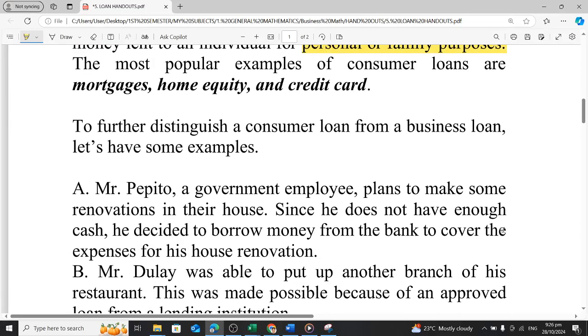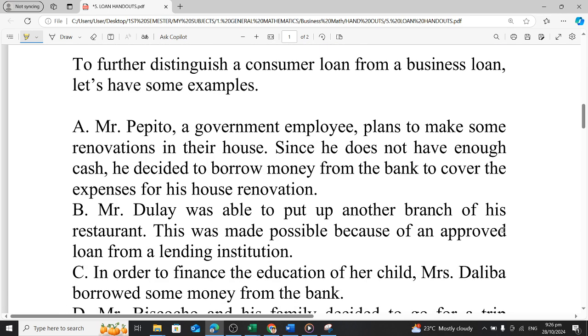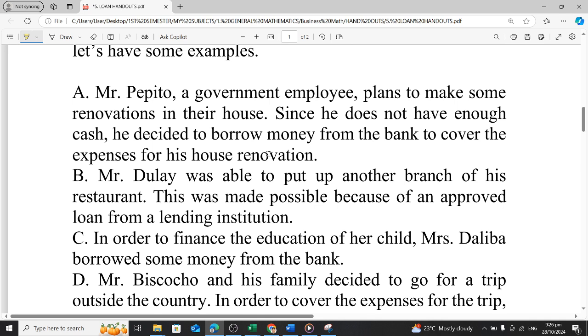Okay. Now, to further distinguish a consumer loan from a business loan, let's have some examples. Letter A. Mr. Pipito, a government employee, plans to make some renovations in their house. Since he does not have enough cash, he decided to borrow money from the bank to cover the expenses for his house renovation.